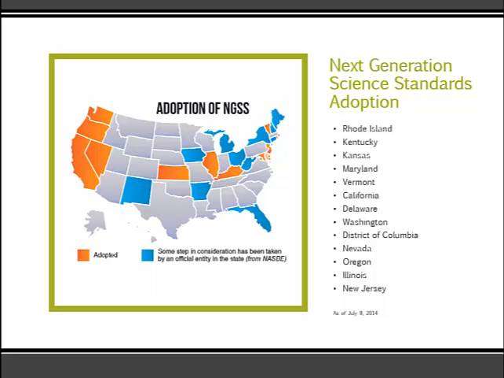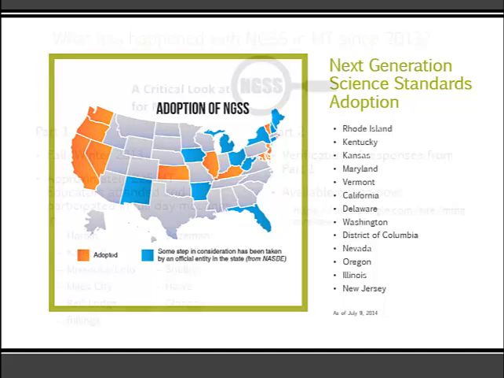And so instead of adopting them by that name, they adopted something very similar that allows them to then kind of capitalize on all of the very positive things happening in transitioning to better science instruction, but at the same time doesn't require them to buy in wholesale to all of the kind of noise that surrounds adoption of a national document.